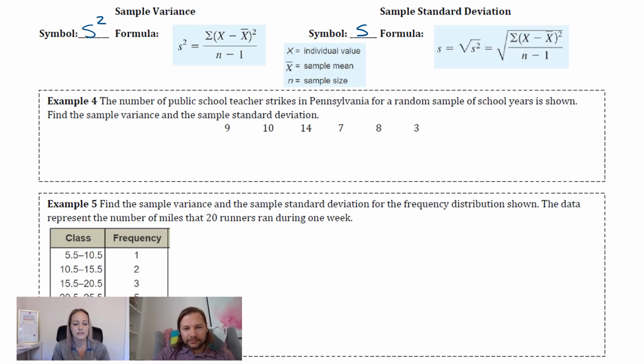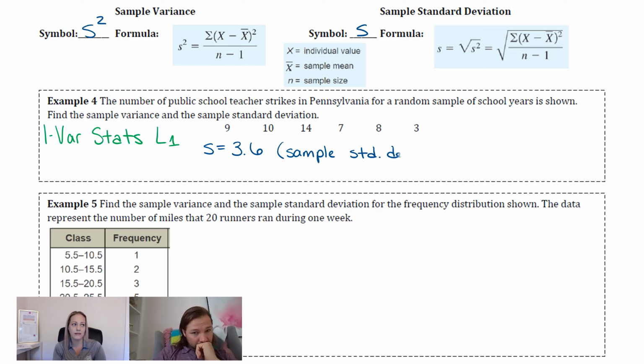So example 4 says that the number of public school teacher strikes in Pennsylvania for a random sample of school years is shown. Find the sample variance and the sample standard deviation. Okay, and we have our 6 data values there. So what you want to do is put those values into a list in your calculator. So just go to L1, type those in, and then you'll go to one variable stats, tell it L1, and then we don't want the sigma.